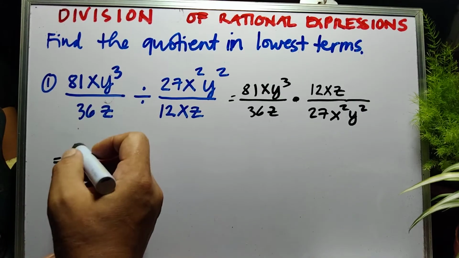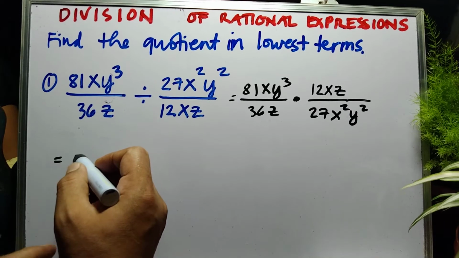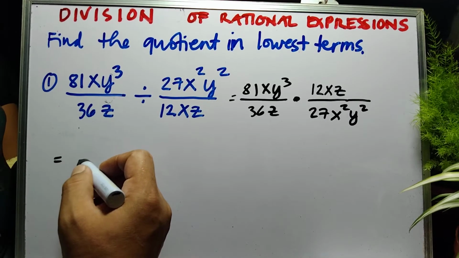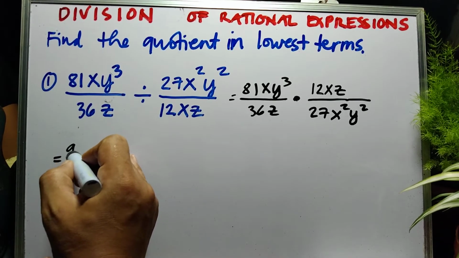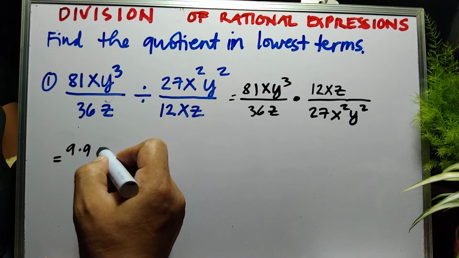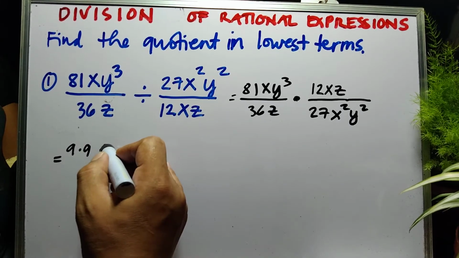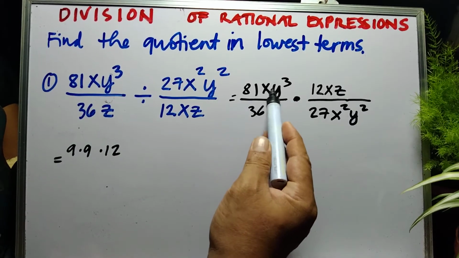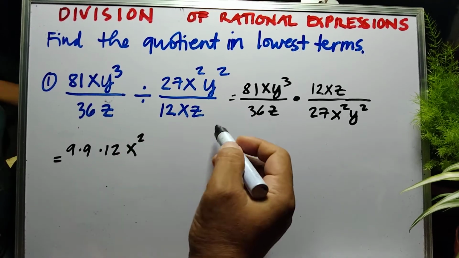So let's write 81. Get the factors of 81. Ano kaya yung factors ng 81? You have 9 times 9, correct? How about the 12? You have times 12. Then, multiply the variable x. X times x, you have x squared.